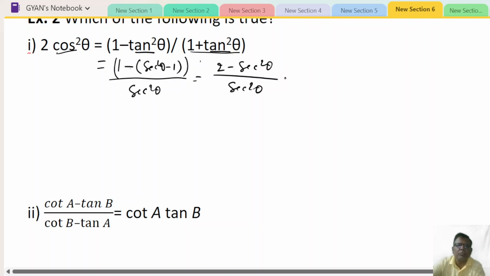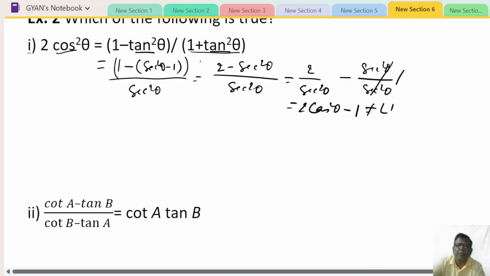Then that is equal to, split it, 2 by sec square theta minus sec square theta by sec square theta. So this is 1 and this is 2 cos square theta minus 1. So this is not equal to the left hand side. So this is not equal.